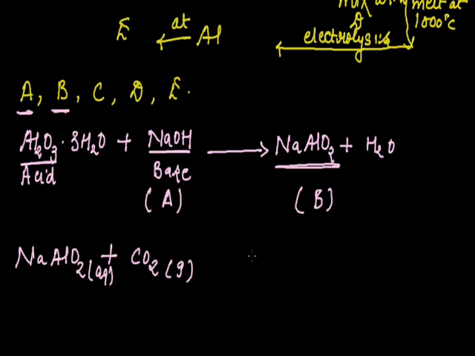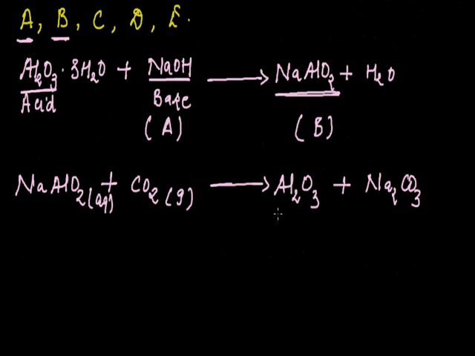When carbon dioxide is passed into the aqueous solution of sodium meta-aluminate, it forms pure alumina, that is Al2O3, plus again a salt, that is Na2CO3. Now this Al2O3 will be the pure alumina.